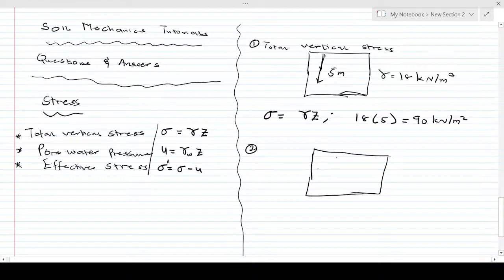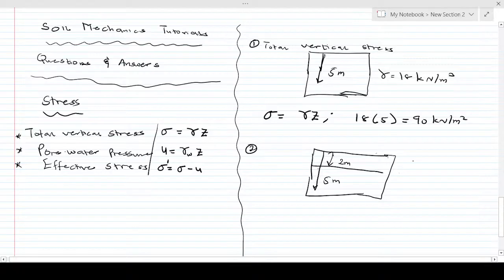Now, in here we have two soil layers. With the soil layer above, we have a thickness of 2 meters. Then from the top down to the side, we have 5 meters distance.